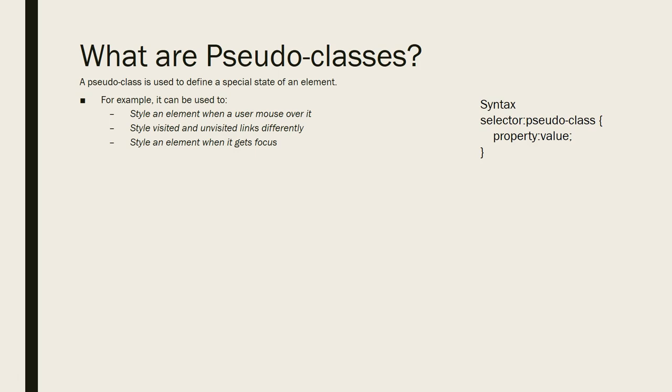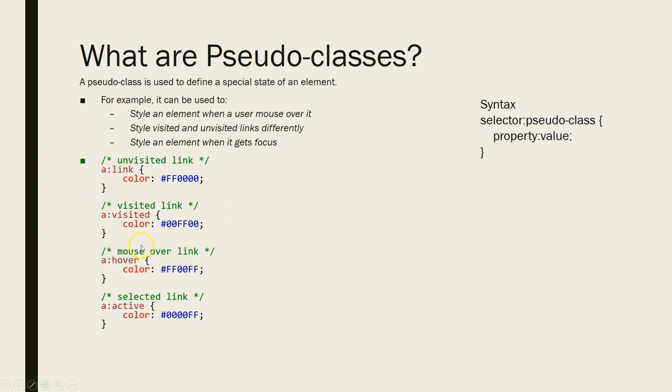Then there is the pseudo classes concept, and I've asked you to do hovering of the mouse over list items and all that. These hovering mouse overs and style changes for visited and unvisited links are through pseudo classes. These all are pseudo classes.